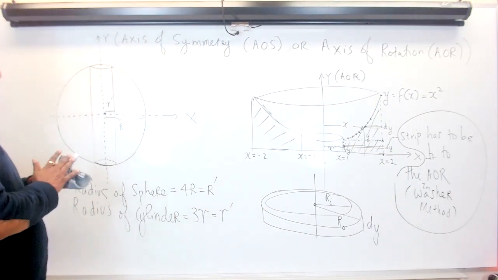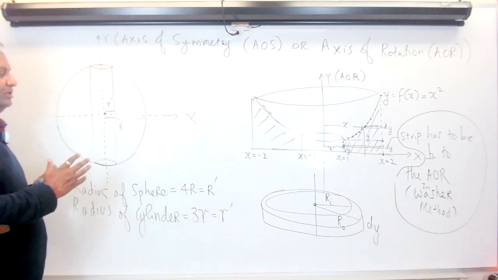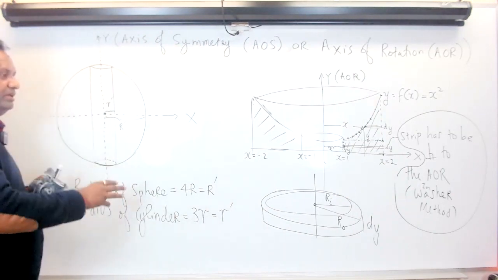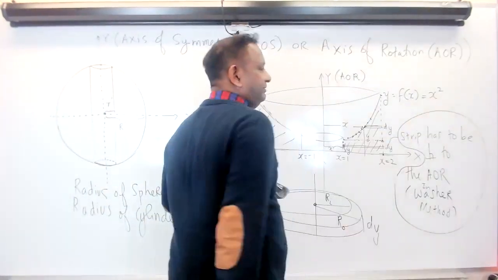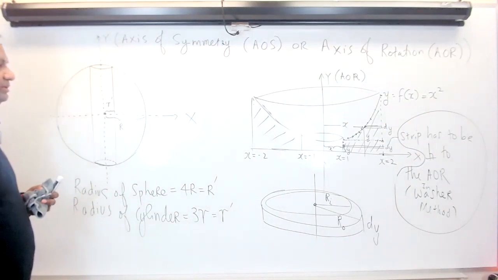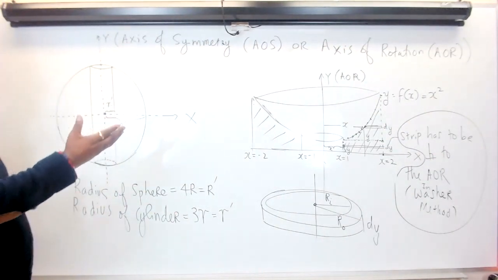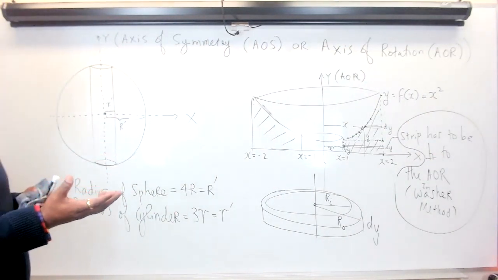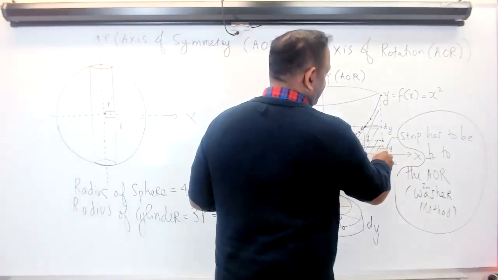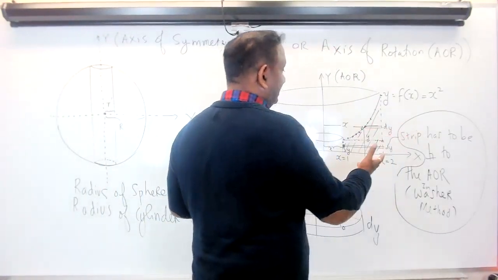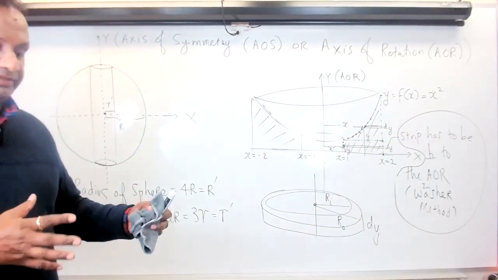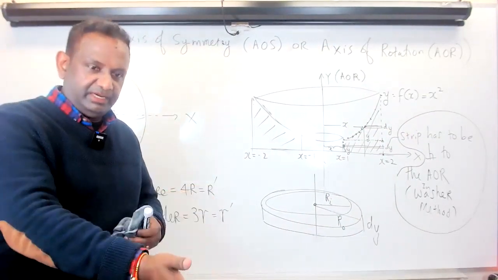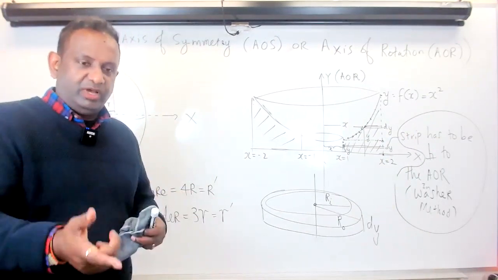Here, the major difference is that we don't have an equation like this. No equation. Look at this, the difference. Here the equation has been given. Once the equation has been given, it doesn't matter whether with respect to y or x, you can still integrate. If you want to integrate with respect to y, all the x terms have to be replaced in terms of y, and then integrate with respect to y. Or vice versa.